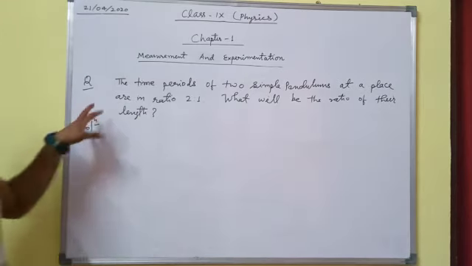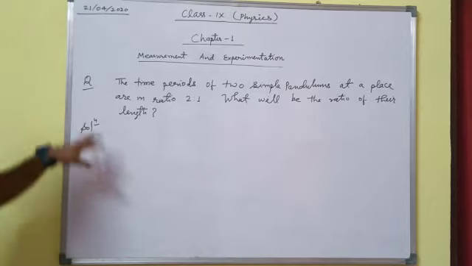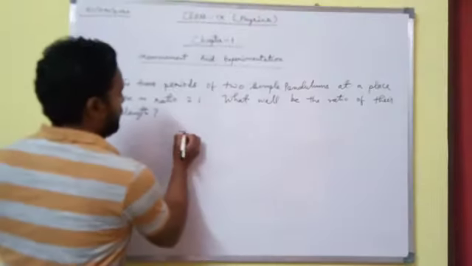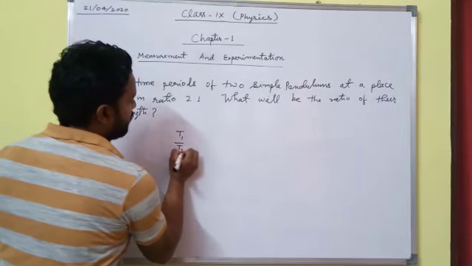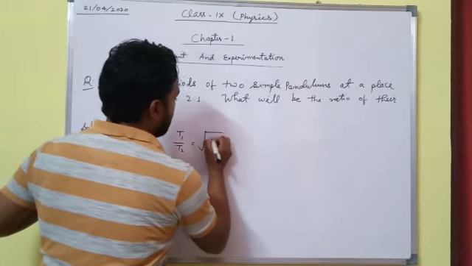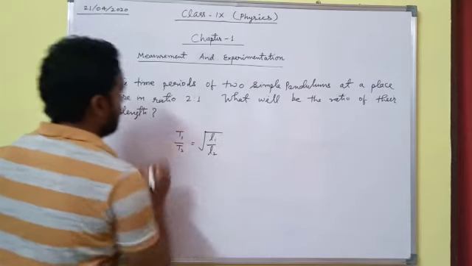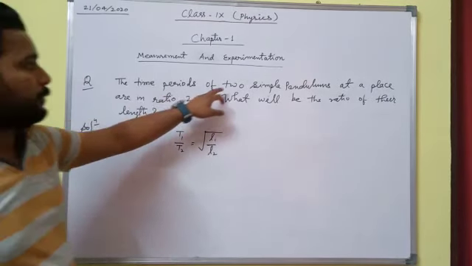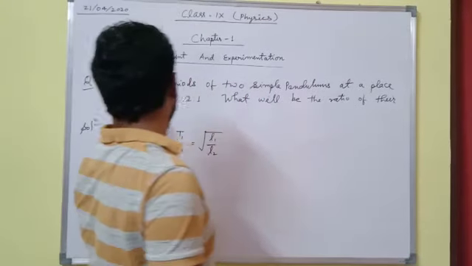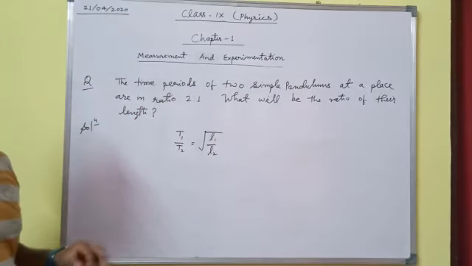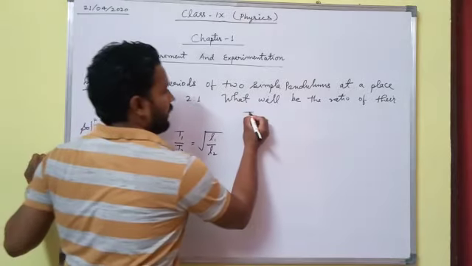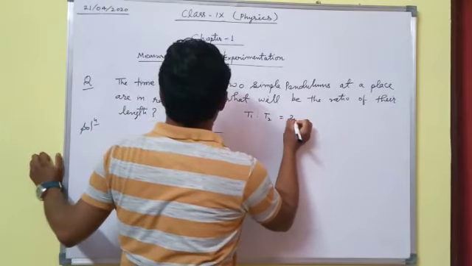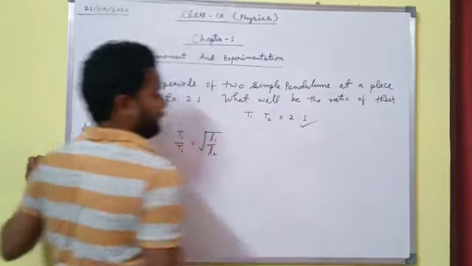Now, this type of numerical is based on T1 upon T2 equals root L1 upon L2. In this numerical, the time periods of two simple pendulums at a place are in ratio 2:1. It means T1 ratio T2 equals 2:1 is given.